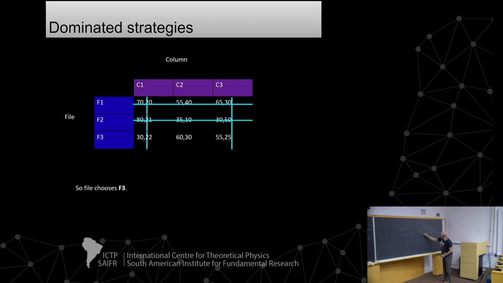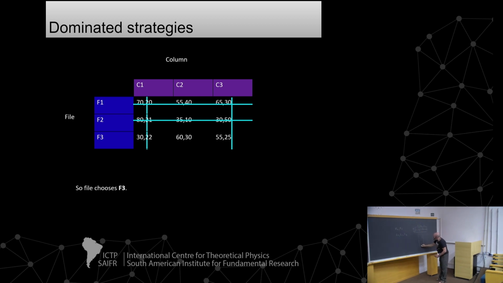And also I will need another matrix of the form where I have C1, C2, and C3, and here F1 and F2. This is called a bimatrix game, when the game is not symmetric, okay? This is an example of a non-symmetric game, and you can have something like that.